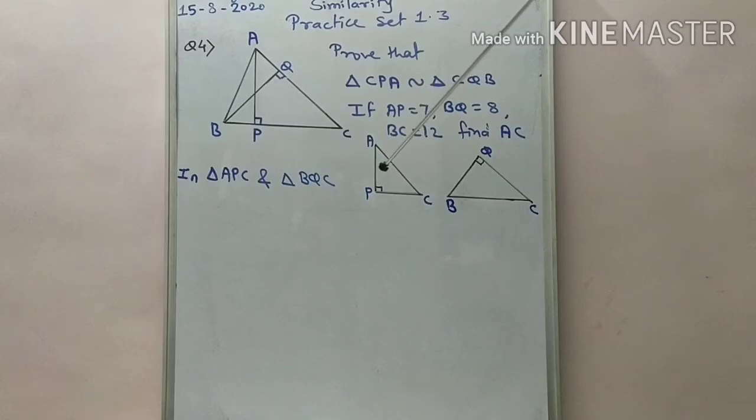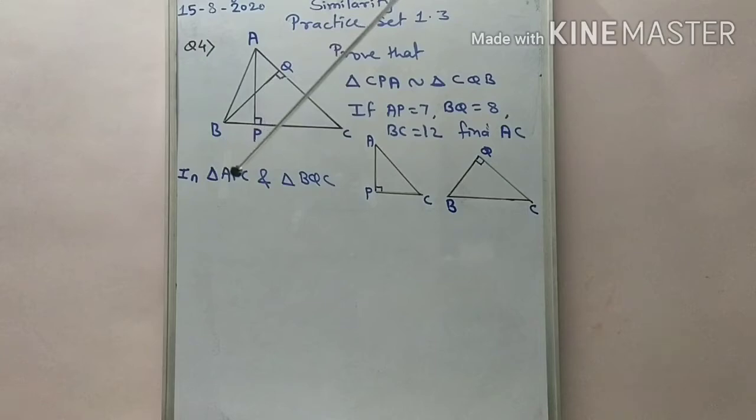So here I separate those triangles, and the first triangle is triangle CPA. So here we have triangle CPA, part of this figure, and second triangle CQB. So here we have CQB as the second part of the given figure. Okay, so to prove these two triangles are similar, by the AA test we can prove they are similar triangles.